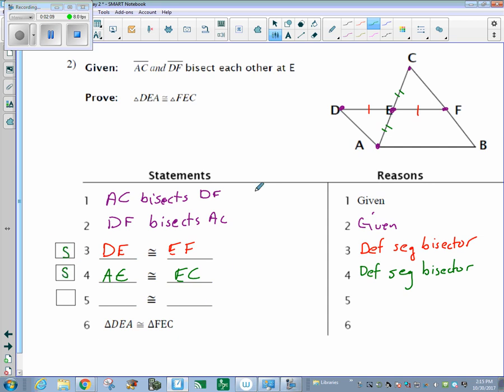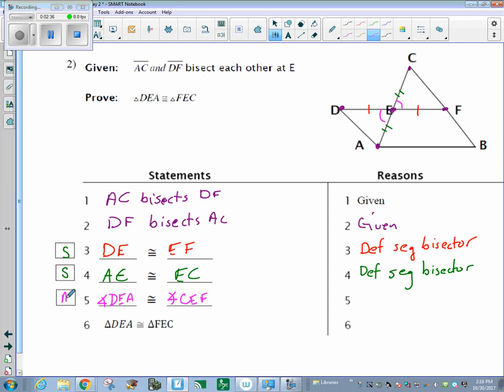We need one other piece of information that we can get from this. And if you remember from that worksheet that we did, we could use vertical angles by looking at the drawing. And so we can see that this angle here is congruent to that angle there. So angle DEA is going to be congruent to angle CEF.